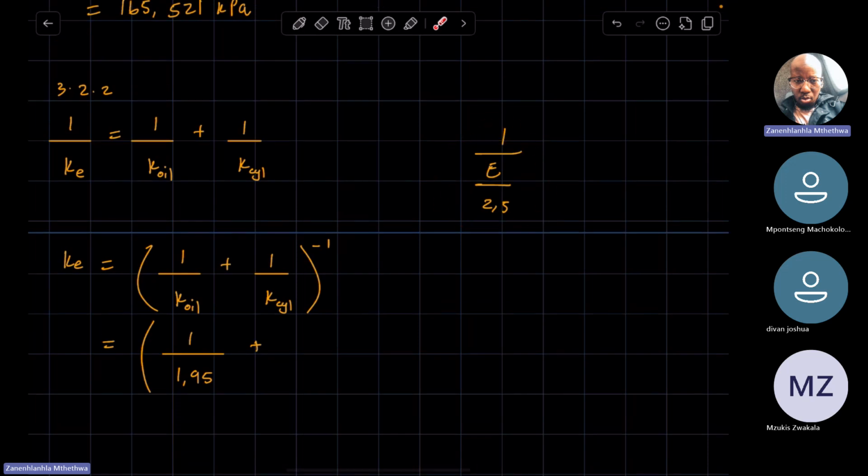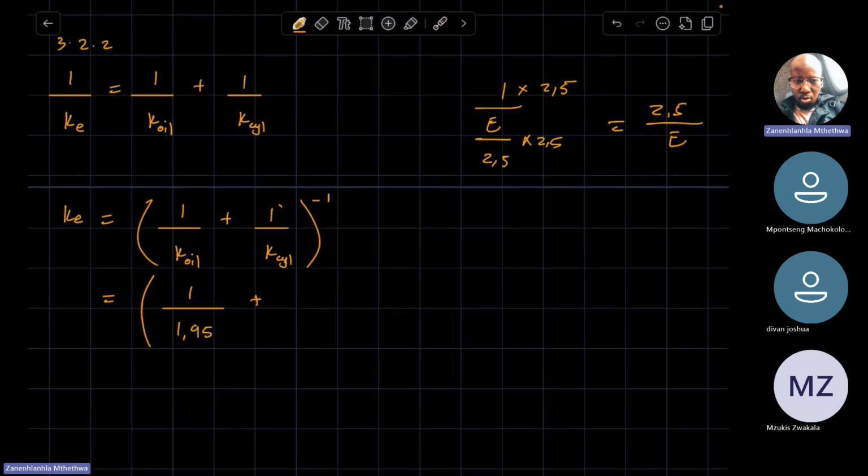And then to fix this from being an improper fraction, we can simply multiply by 2,5. So essentially the 1 over K cylinder will then be equal to 2,5 divided by the E. So we can replace this with that.